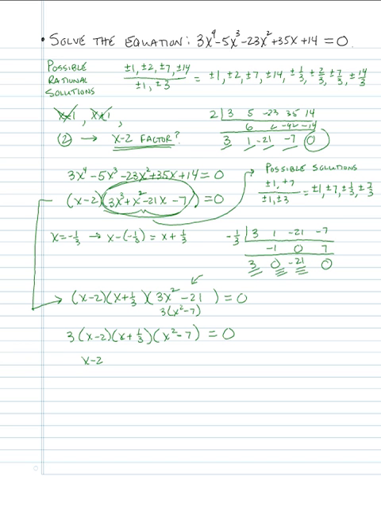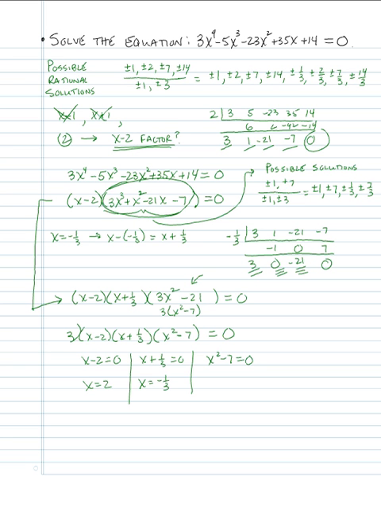Now, we don't set that 3 factor to 0. x minus 2 equals 0, x plus 1/3 equals 0. And the reason it works here is because x squared minus 7 being a quadratic, when we set that equal to 0, we have lots of tools for solving a quadratic equation. So here we get x equals 2 by adding 2 to both sides. Here we get x equals negative 1/3 by subtracting 1/3 on both sides.